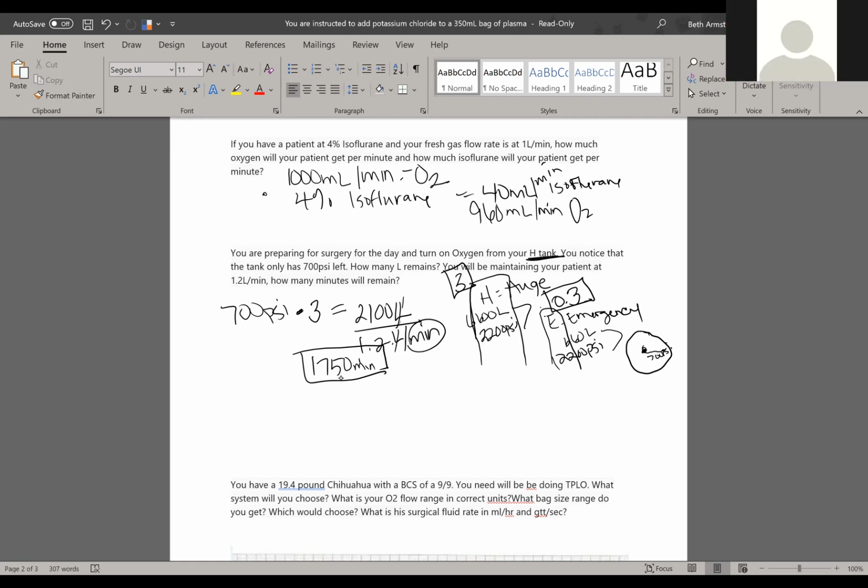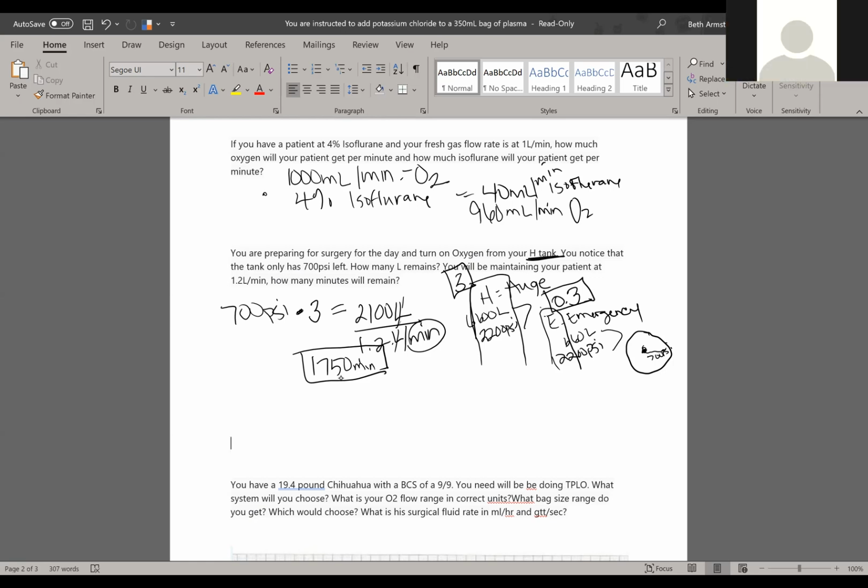In case for some reason they say on a test how many liters on a full emergency tank, I'm sure you can pick it out of a multiple choice, or something to that effect. But it's nice to know where these guys come from rather than just memorize. I don't like you guys to memorize stuff. So that's not how I do things.